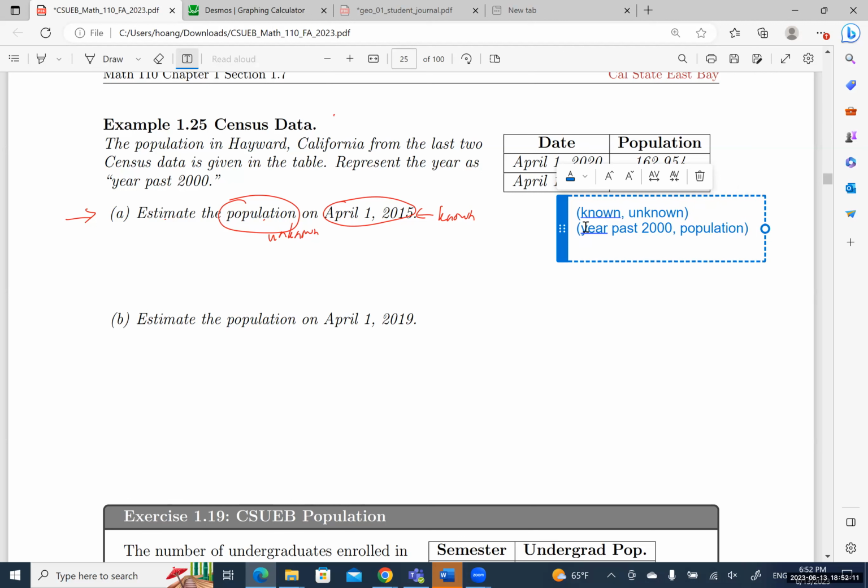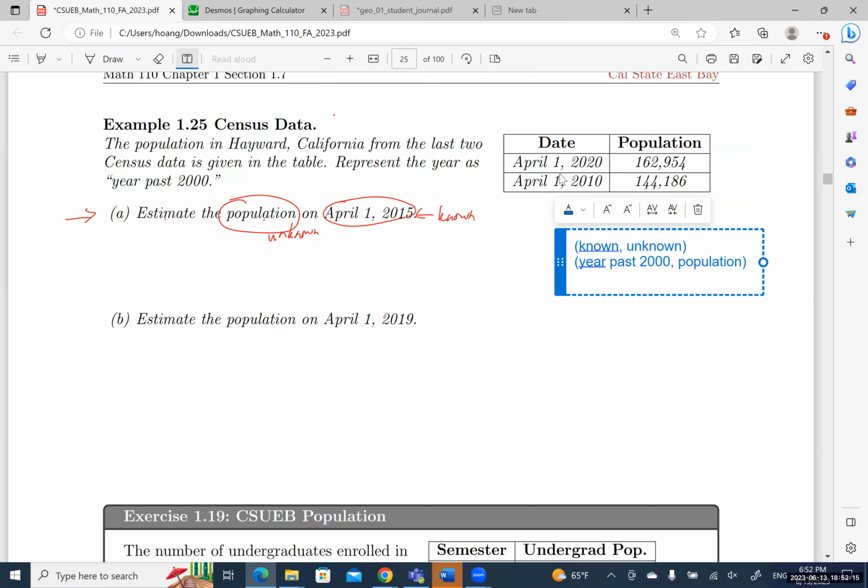So according to the given information, I have April 1st, 2020. So how many years past 2000? No, nothing's past that. I mean, just zero. No years past 2000, right? Population was 162,954, right?